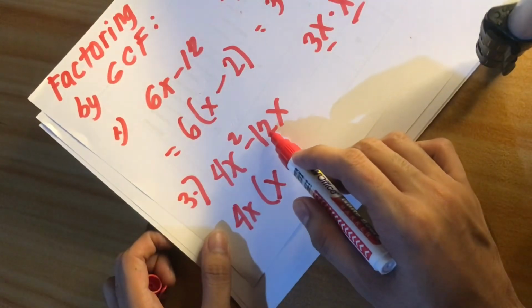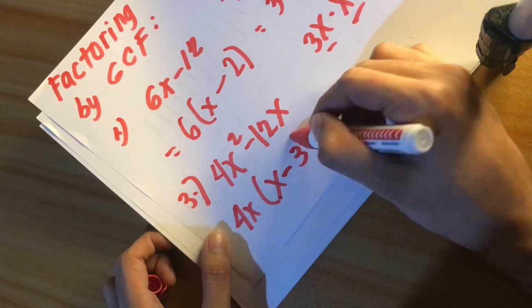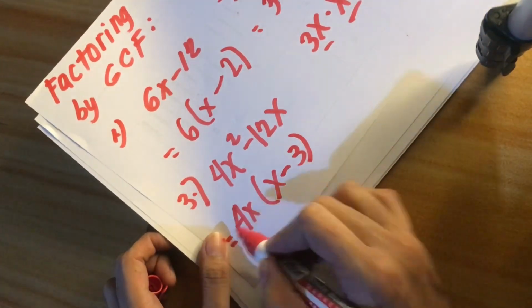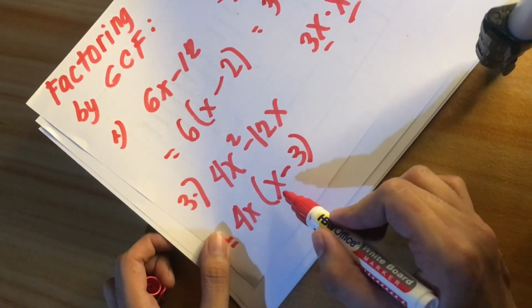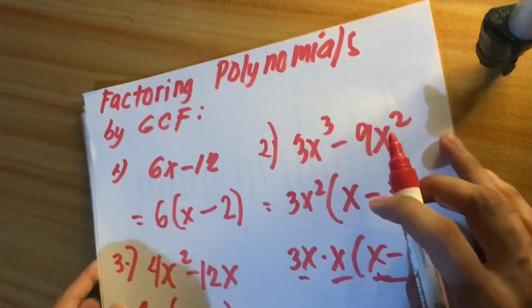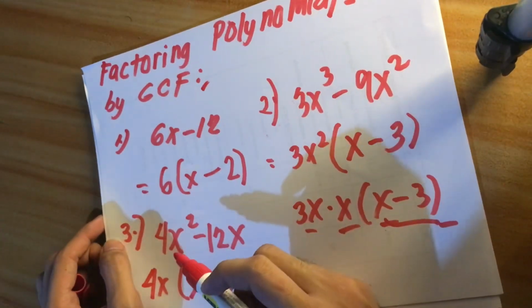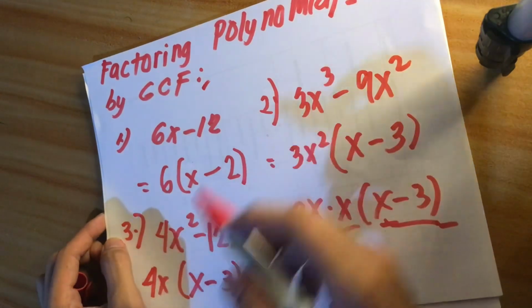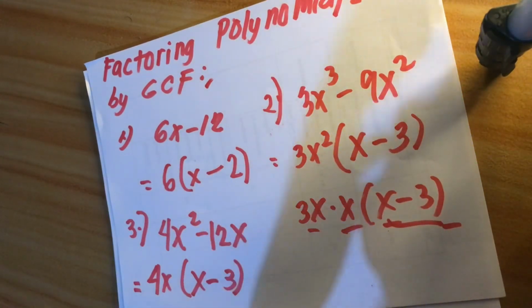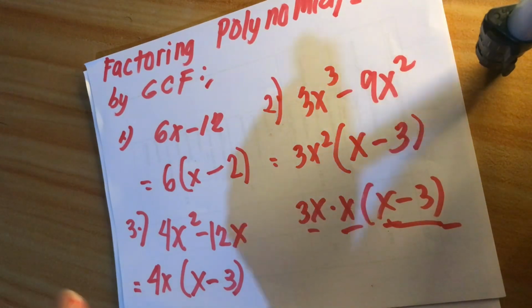Next, if we have negative 12x divided by 4x, that is negative 3. So our factored form is 4x times x minus 3. Nakuha? So, sana malinaw yung factoring polynomials by GCF. So, makakatulong to para mas mapadali nyo ma-factor yung mga problems nyo about factoring polynomials.